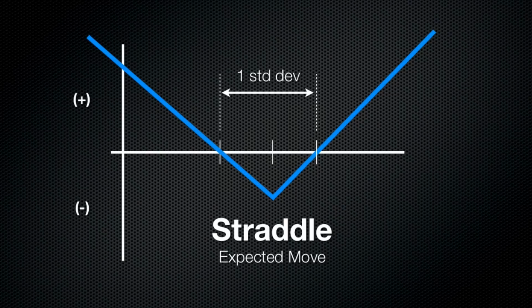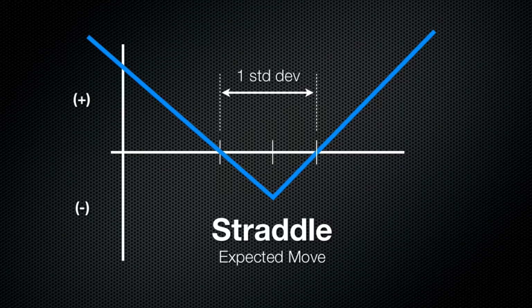I use a straddle as a general way to figure out what is the expected move that's going to happen, say, tomorrow or the next week or the next month. Now, that's all built into the implied volatility. But a straddle really is a pictorial representation of where the market believes the expected move could possibly be in the next period of time.